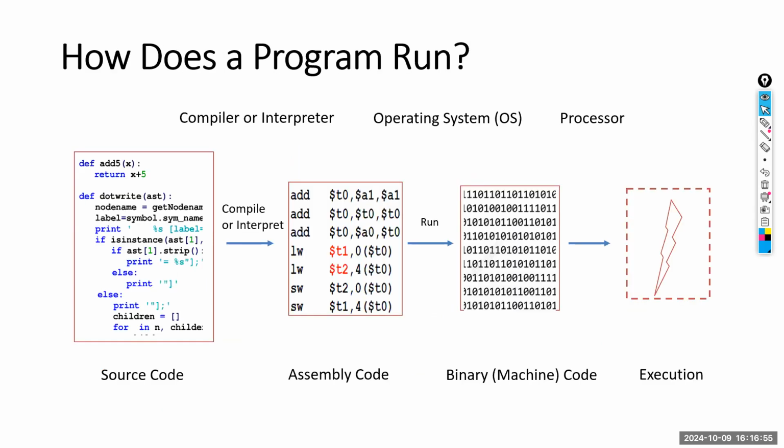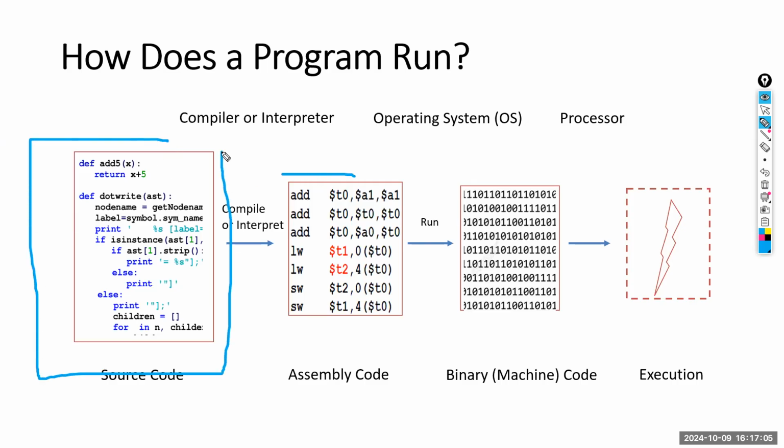Right. At high level, we can think that your data is processed according to the logic you have written in your Python code, Java code, C++ code, and so on. But it's intermediately converted to assembly code, or the second generation programming code, and then further converted to binary code and executed.